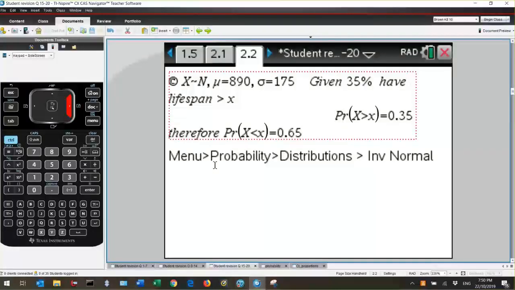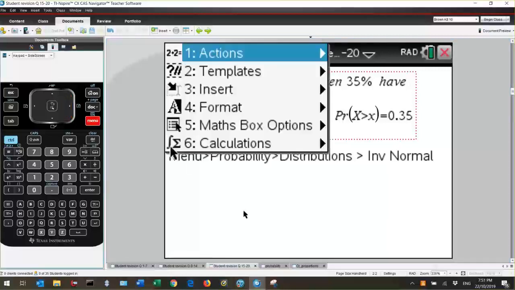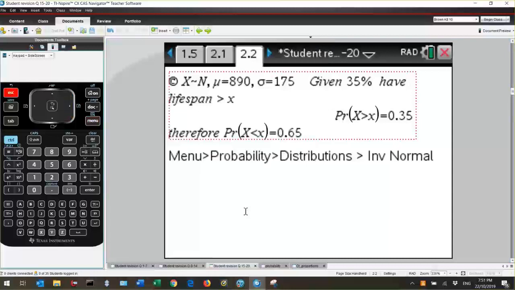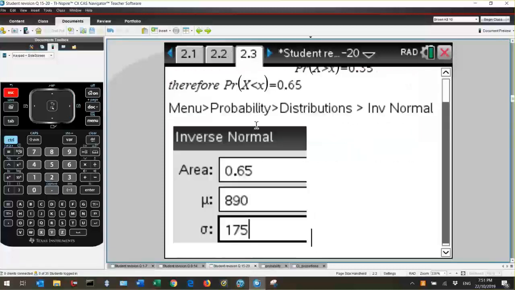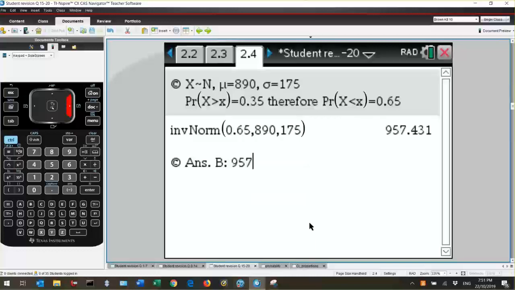So I go menu, oops, wrong page. No, still wrong page. I'm still in a notes page. Don't worry about that. Okay, so if I go to menu, probability distributions, inverse normal, my area 0.65, I've got my mean, I've got my standard deviation, and I get the answer 957, which is option B, the closest, because in this case it said closest to.